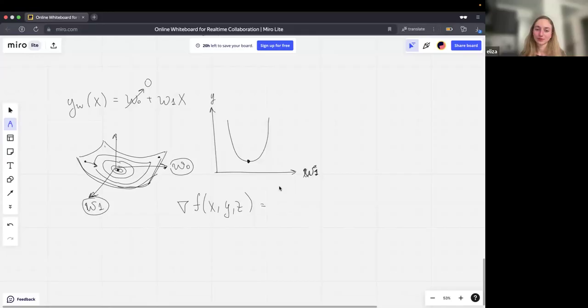And what does the gradient vector mean, if we speak about function behavior?